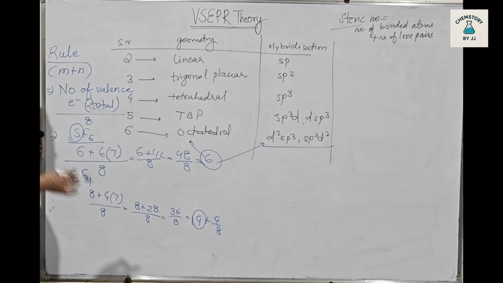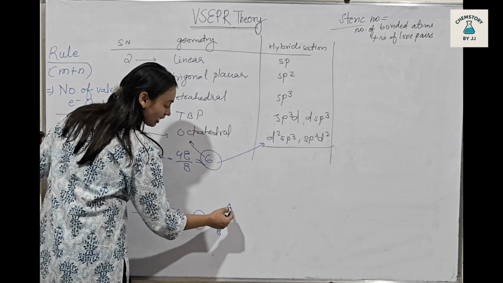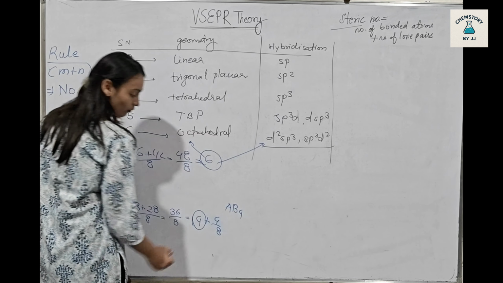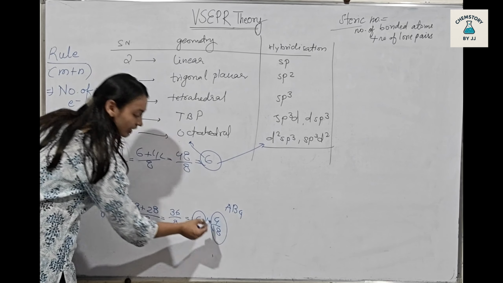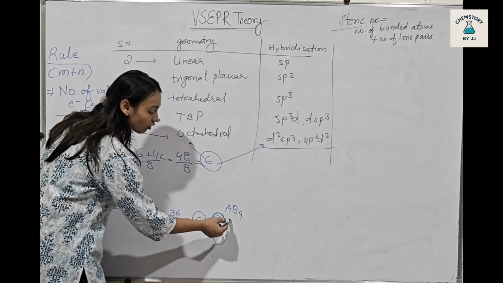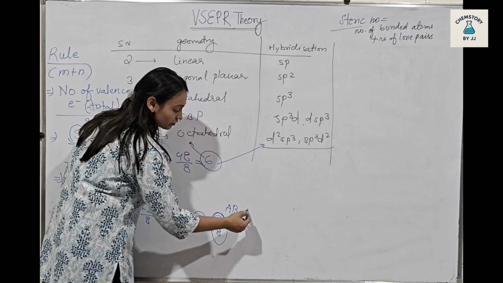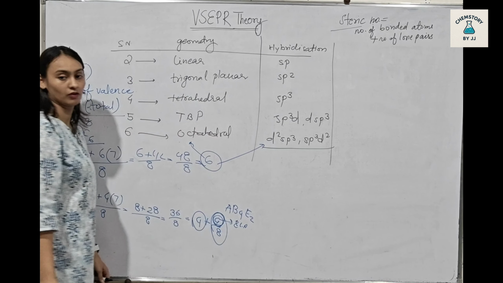This 4 is the fully bonded atoms. Like, it's going to give us AB4, and 4 electrons are remaining, right? It's going to form only 2 lone pairs. Right? So the structure would be AB4E2, right?